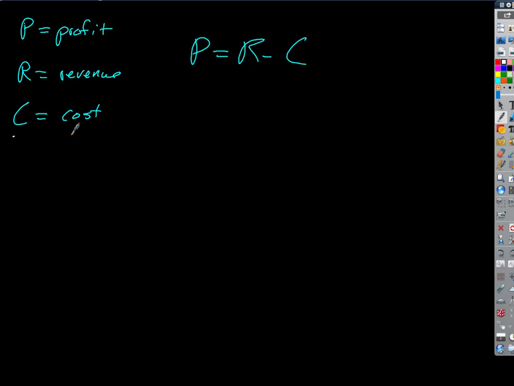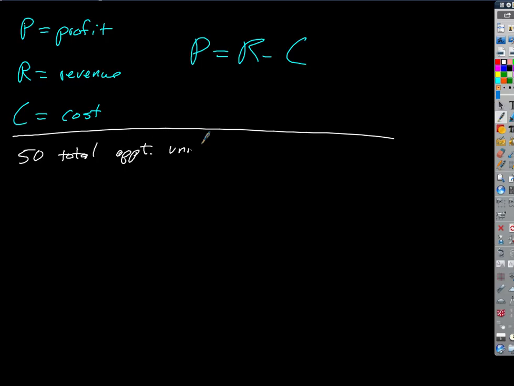So let's say, here's the situation. We've got this company, I'm just gonna summarize here. This company has 50 apartment units. When rent is 720 per month, all the units are occupied.